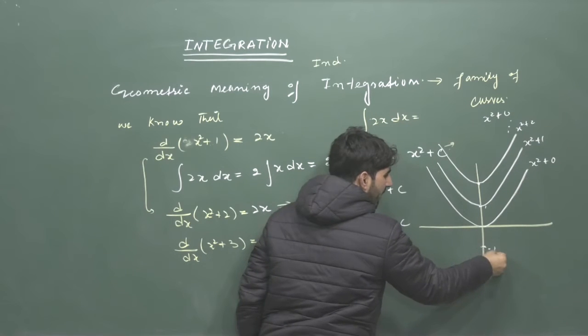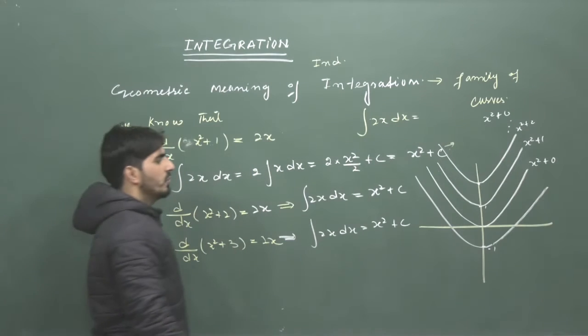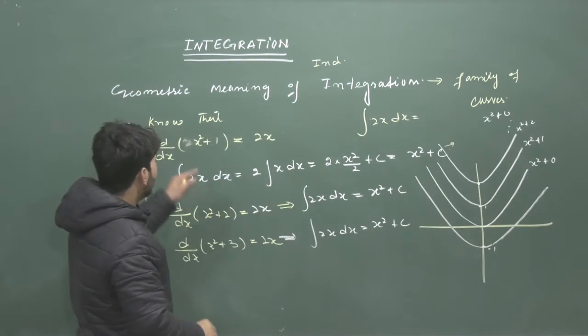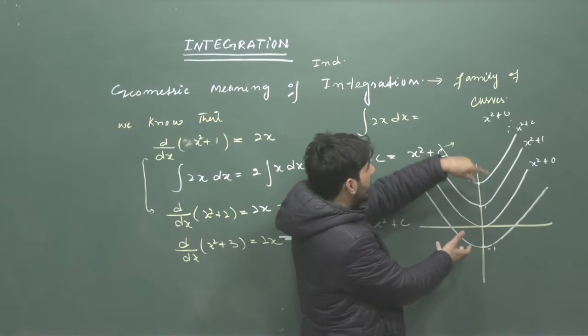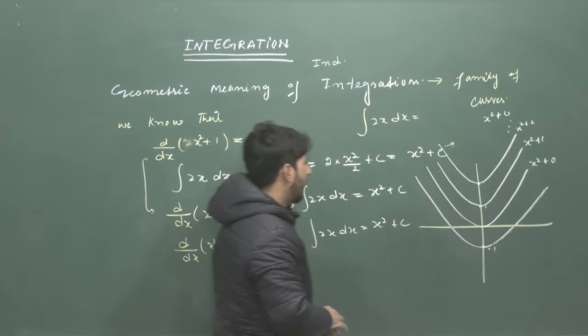It may be x square minus 1. So here we observe that the integration of any function represents the family of curves. Here the integration of 2x dx represents the family of parabolas.